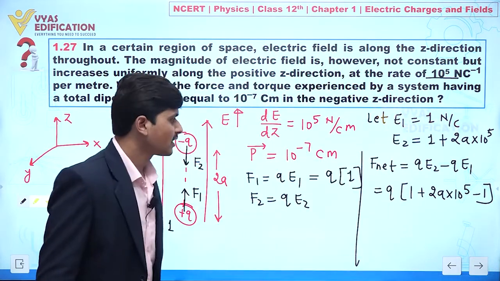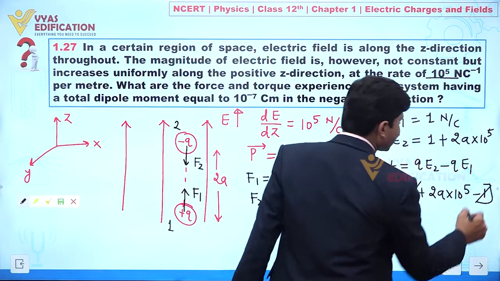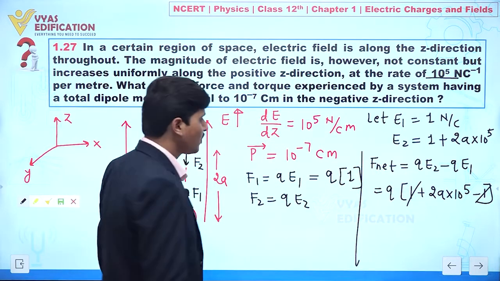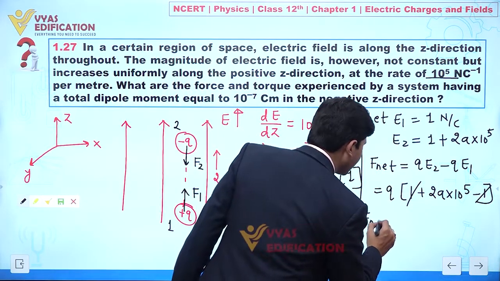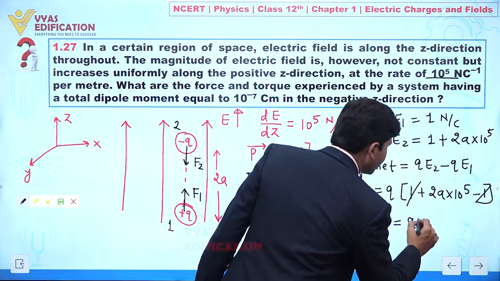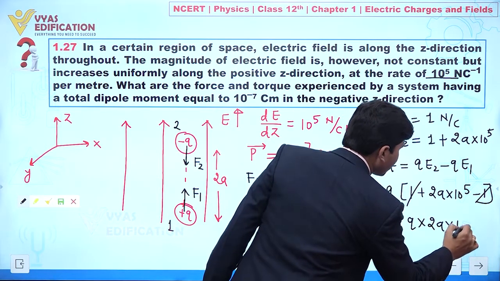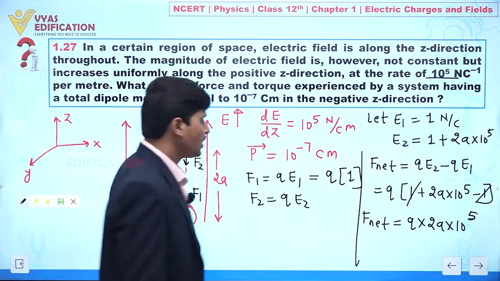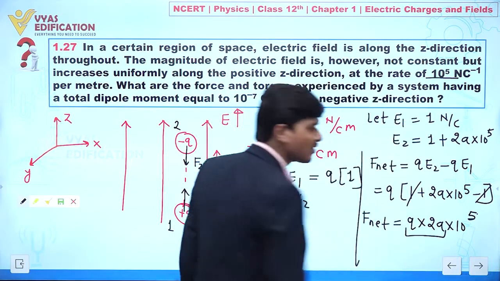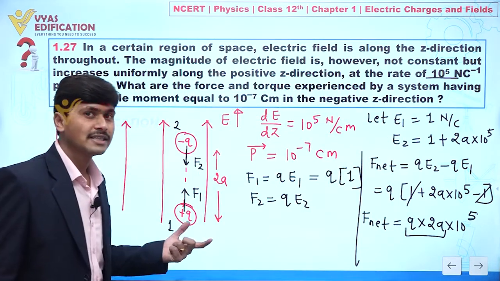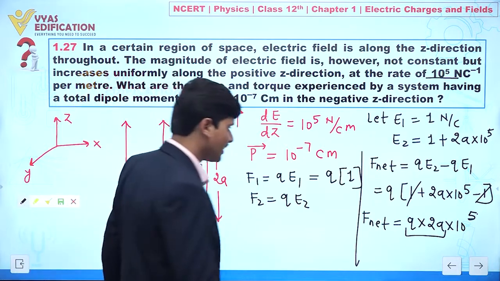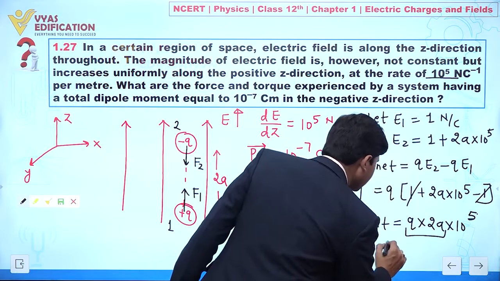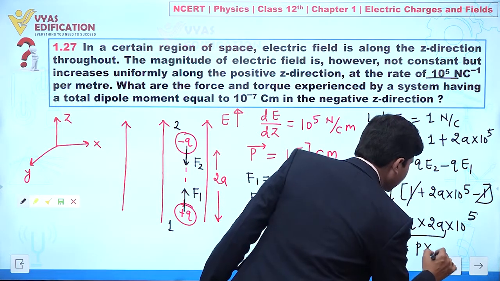The 1 and 1 cancel out. So F net equals Q into 2a into 10 to the power 5. Q into 2a is the electric dipole moment, so F net is given by P into 10 to the power 5.